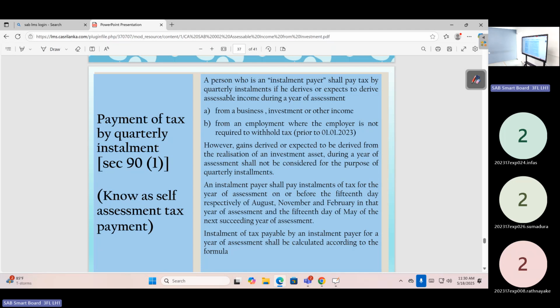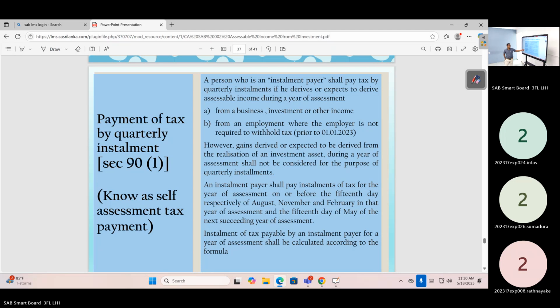The year of assessment ends on 31st March, from first April to 31st March, so the fourth installment falls on 15th May. That's coming up, the 15th May fourth installment for the year of assessment 2023/24.